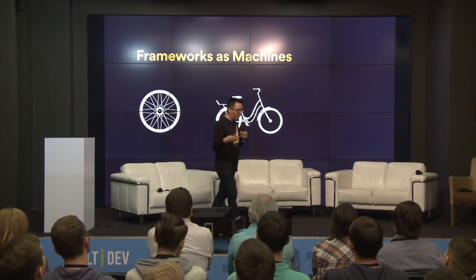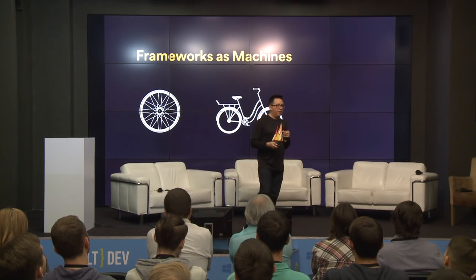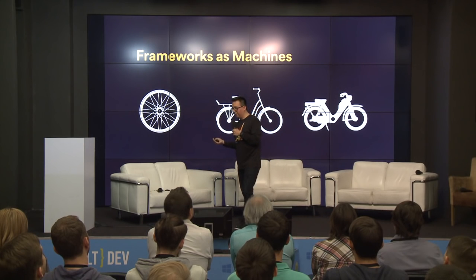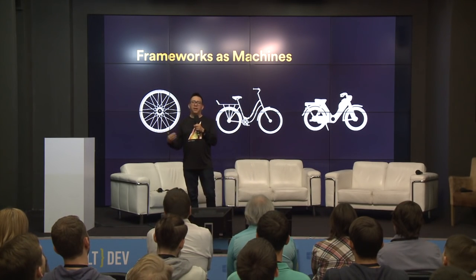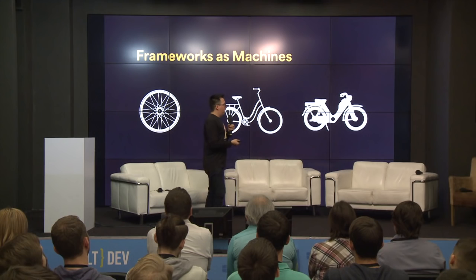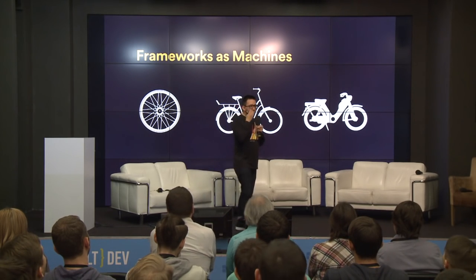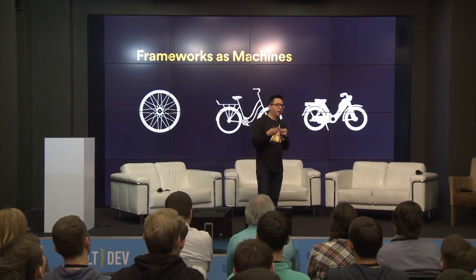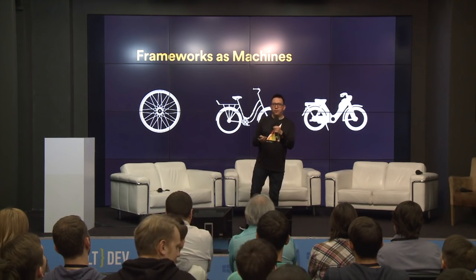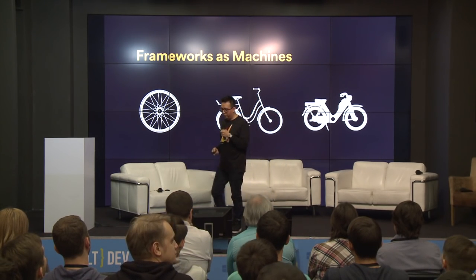And if you keep combining them, you get an even more complex machine that gives you more mechanical advantage. This machine is useful to multiply efforts and move you forward really, really fast. And this is the kind of thing that you want inside a tech organization.